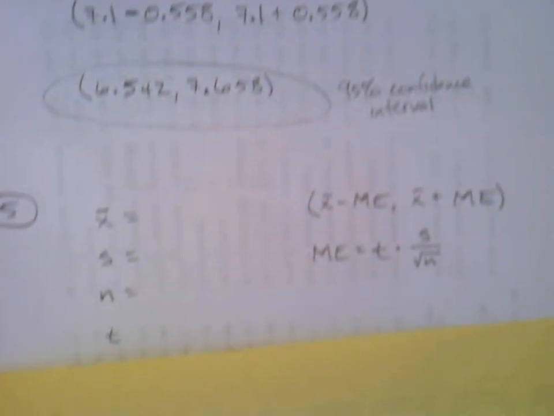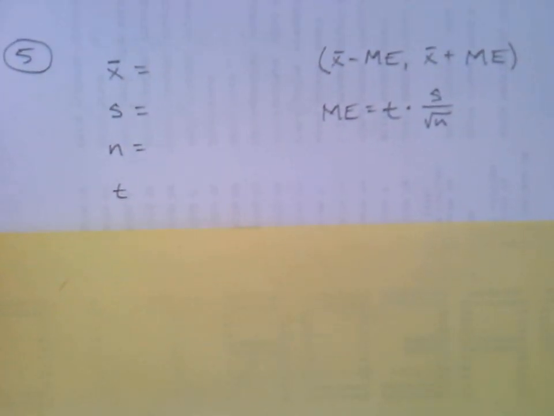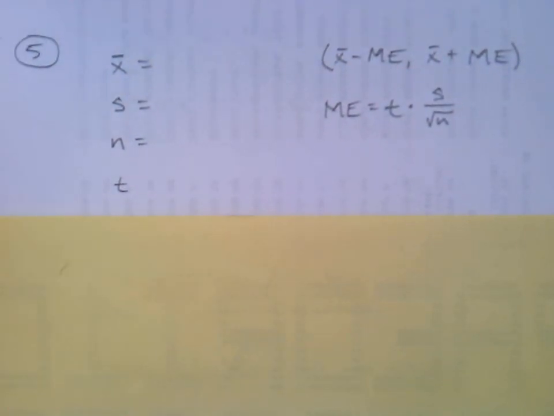Okay, let's go to number 5. And I'll just present it. Start off in the same way. Okay, let's read this together. The data from the National Fire Protection Association are a sample of the number of home fires started by candles for the past several years.